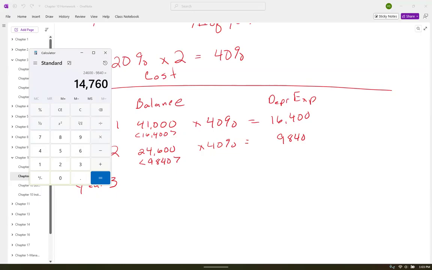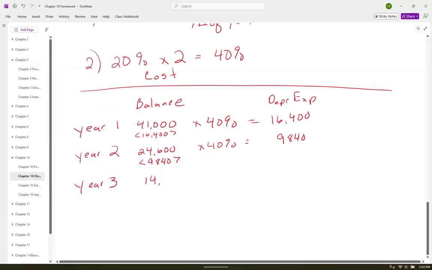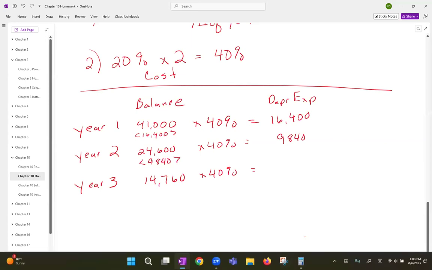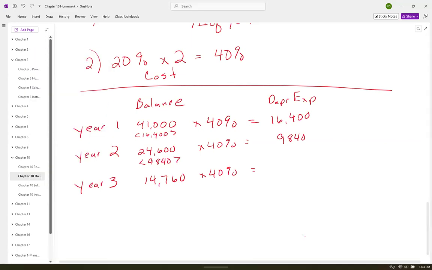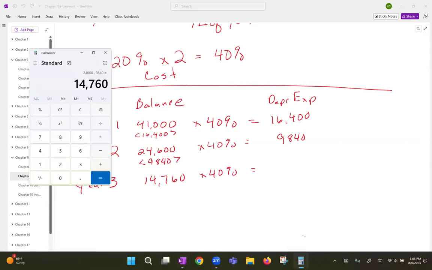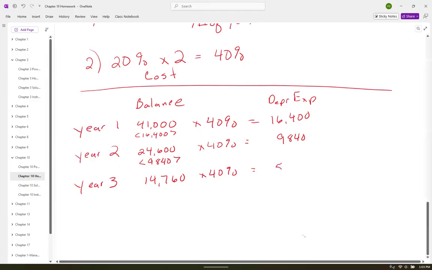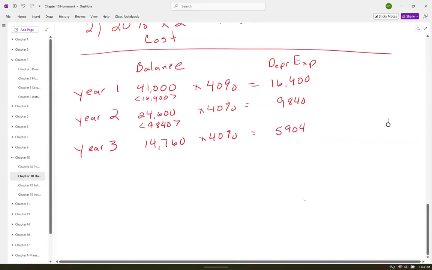That will give me 14,760. We're going to multiply that times 40%. We've got that number in our calculator. We're going to multiply it times 0.40, and that will equal 5,904. We're just going to keep on going.